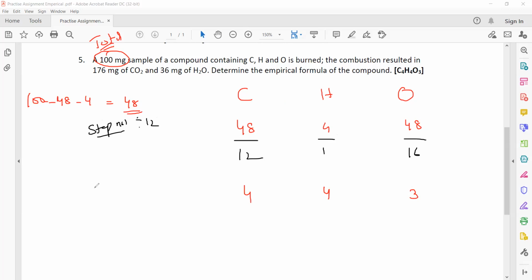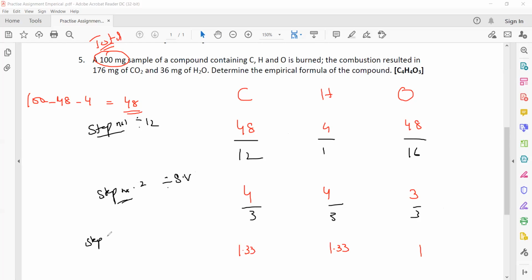Then step 2: divide by the smallest value in the combination, which is 3 here. So we divide all of them by 3. We get 1.33, because 4 divided by 3 is 1.33, 1.33, and this is 1.